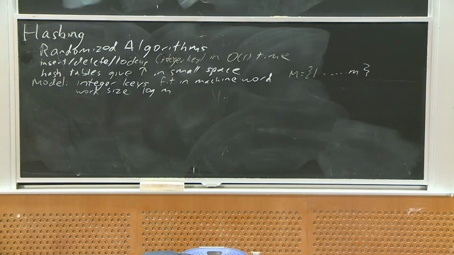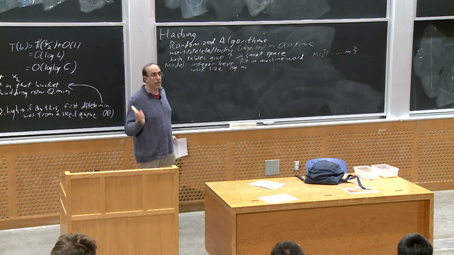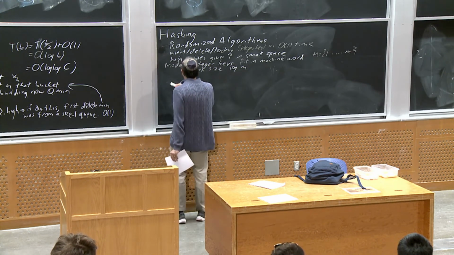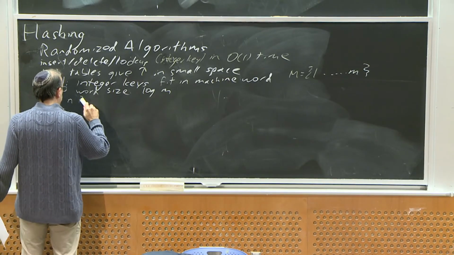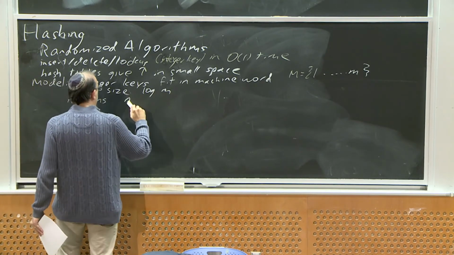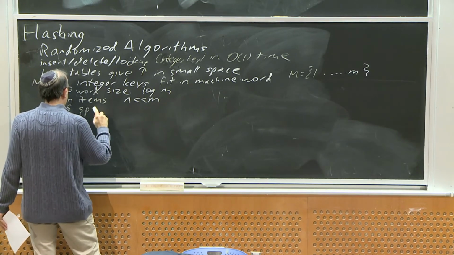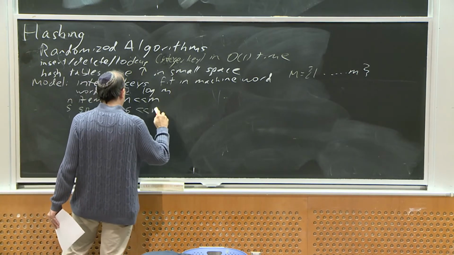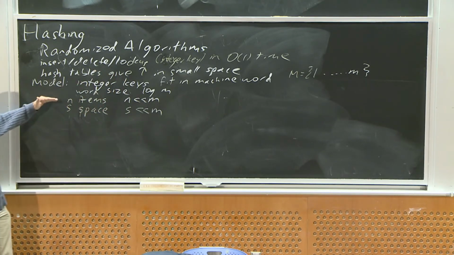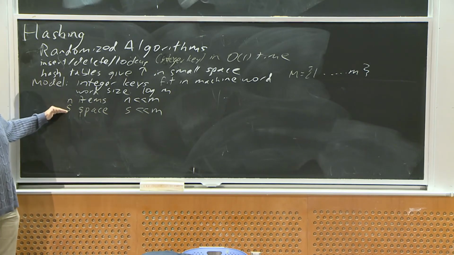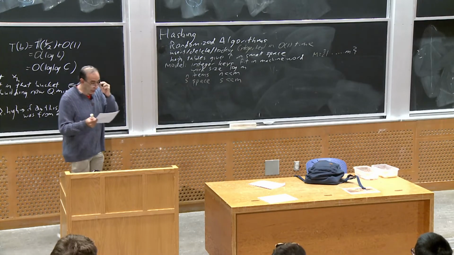So we can, if we want to, implement these operations using an array of size m. But we are going to assume that we're working with n items, where n is much less than m. Or equivalently, we're going to talk about having just s space, where s is much less than m. You'll see later why I distinguish these. But we're basically going to ask, if we have a few items, can we store them in relatively small amounts of space and still achieve the really fast runtimes that we seek? Okay.